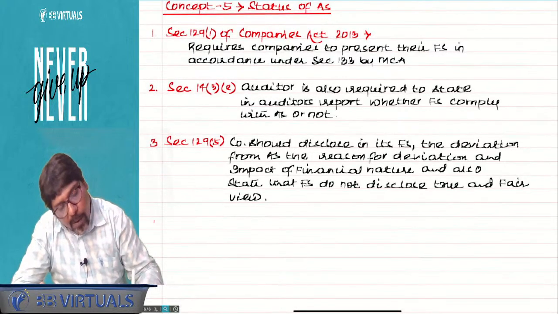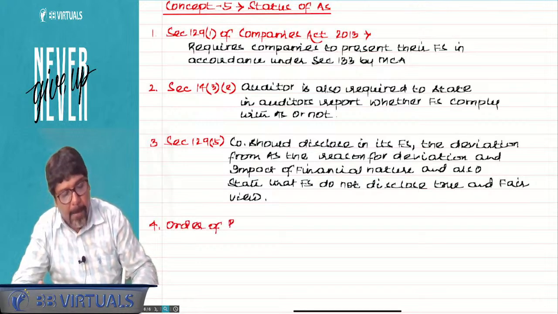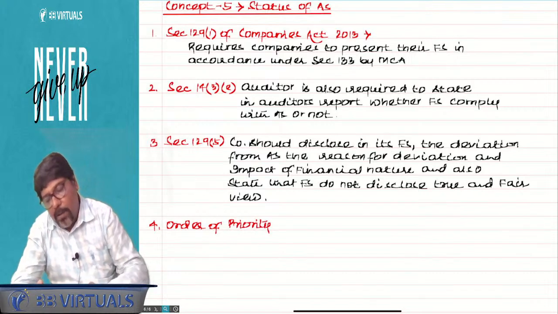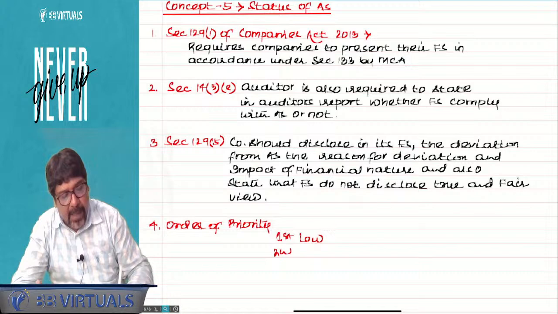Number 4. Order of priority. What is the order of priority? First, we will have law. Second, we will have accounting standard. Third, we will have Schedule 3.